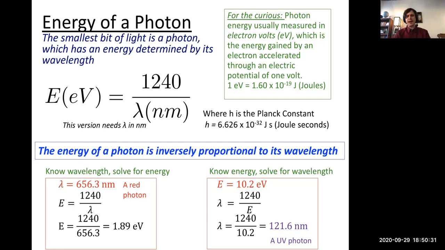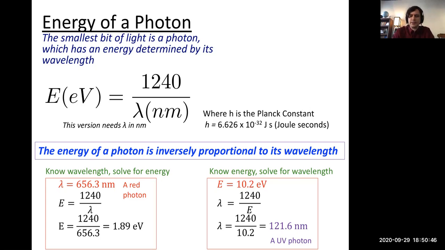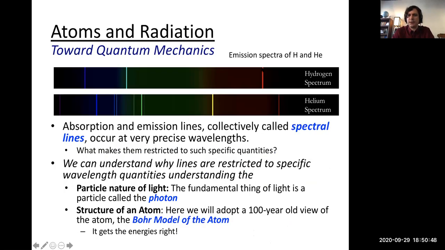Now how is this useful? Well, if we know the wavelength, we can solve for the energy of that photon, because now we can see that talking about wavelength and the energy of a photon are synonymous. So let's take this beautiful color of red right here, which has a wavelength of 656.3 nanometers. What is the energy of a single photon of that red color?